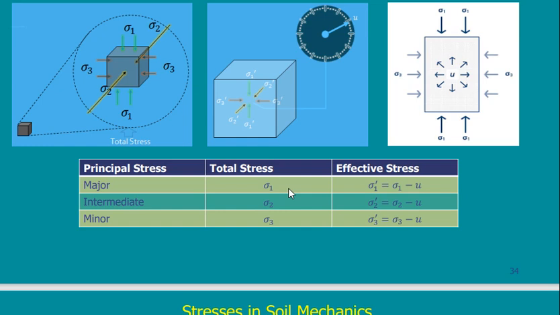As time passes, the 20 kilos carried by water will diminish. Why? Because water is going to percolate through the soil and consolidation will happen. It means that water is going to seep outside the voids. So as water seeps outside, the soil carries more.